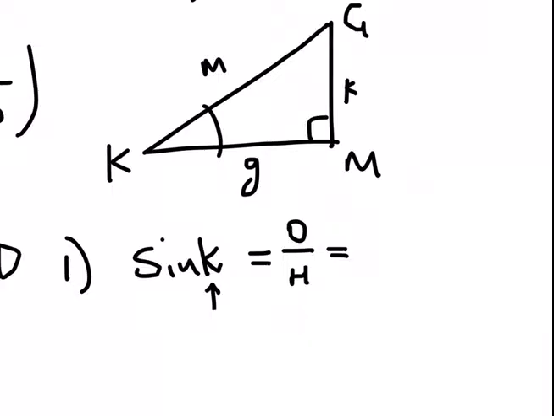So which side is opposite? Definitely it is that small letter K. Which side is the hypotenuse? Definitely that small letter M, because it is the side opposite the 90 degree angle. So this is now what I want as your final answer.